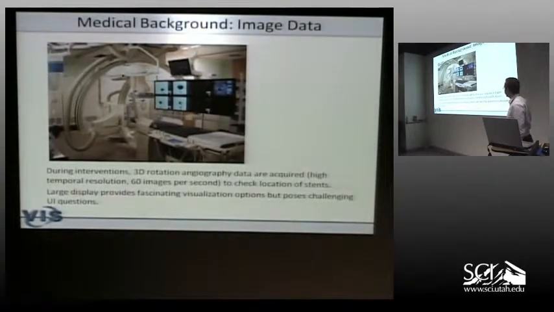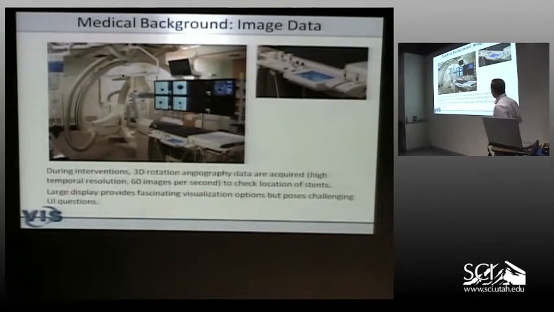During the intervention, neuroradiologists use these angiographic devices. That is a modern B-plane angiography, very flexible C-arm, and they have interesting facilities to control the visualization. They have 8 monitors here, so this gives you plenty of opportunity to make nice visualizations. But of course, the user interaction is quite challenging.